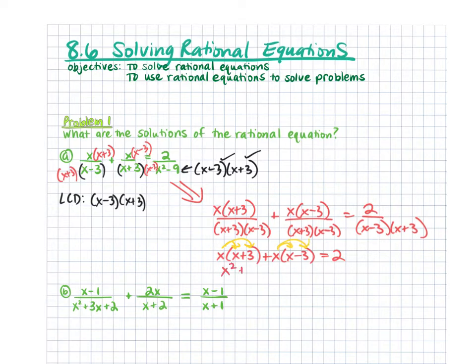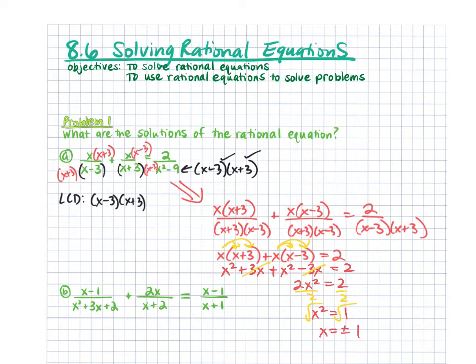So x squared plus 3x plus x squared minus 3x equals 2. 3x minus 3x cancels here. So this is 2x squared equals 2. Divide both sides by 2, and we get x squared equals 1. Take the square root of both sides, and we get x equals plus or minus 1.